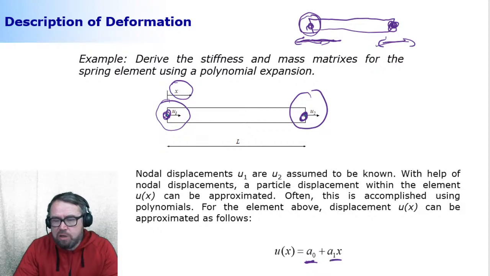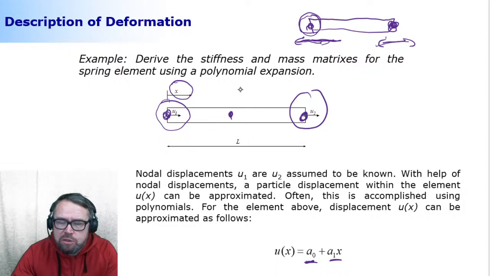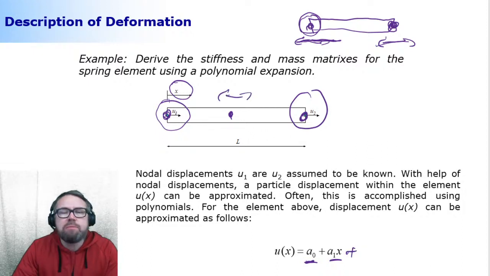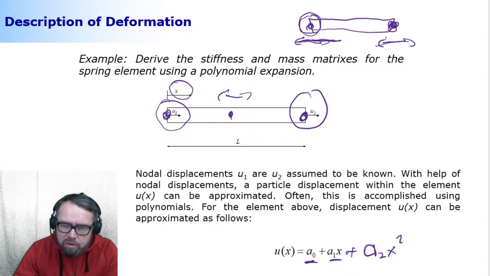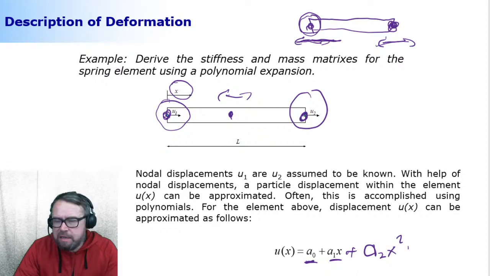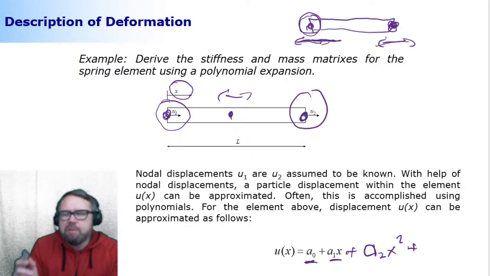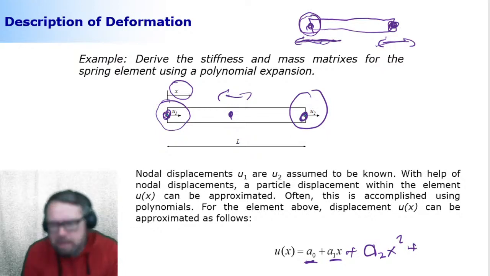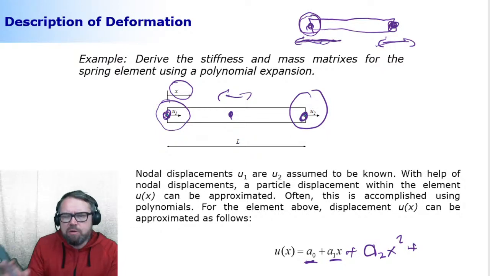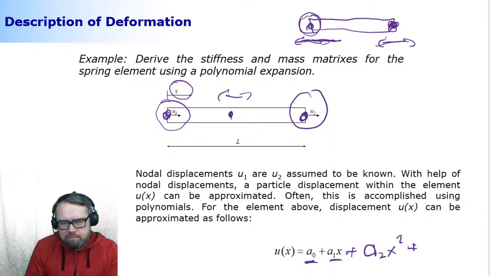If I had one more node here in the middle, which could move back and forth, then I could use a bit more complicated polynomial expansion, which will include a2 multiplied by x to the power 2. And if one more, then I can keep on adding components to these polynomials. The more nodes I have within one element, the more complicated polynomials I can use in general. There are of course some limitations in that.